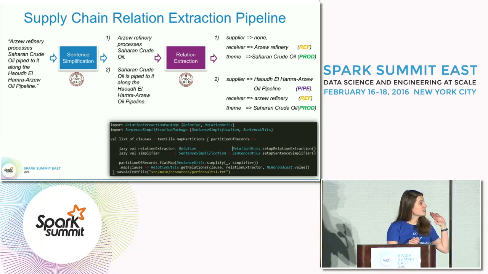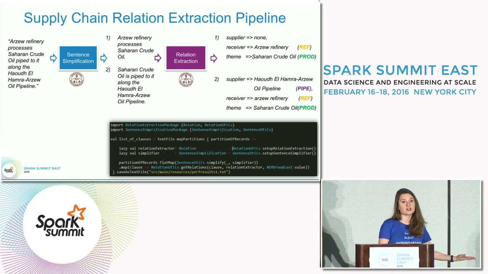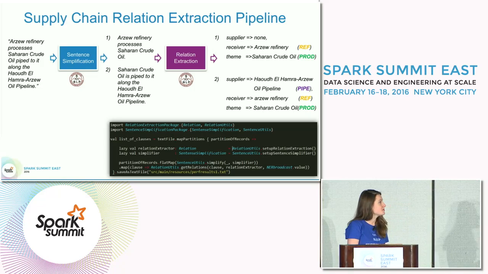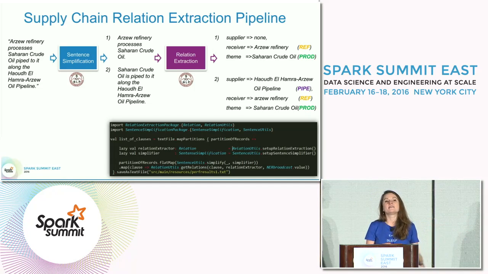Then the relation extraction phase does the job of assigning the semantic roles: a supplier, a receiver, and a theme, which is the object of a delivery. You see it is the second sub-sentence that carries the supply chain information, and the relation extraction recognizes the supplier, the receiver, and the theme properly.